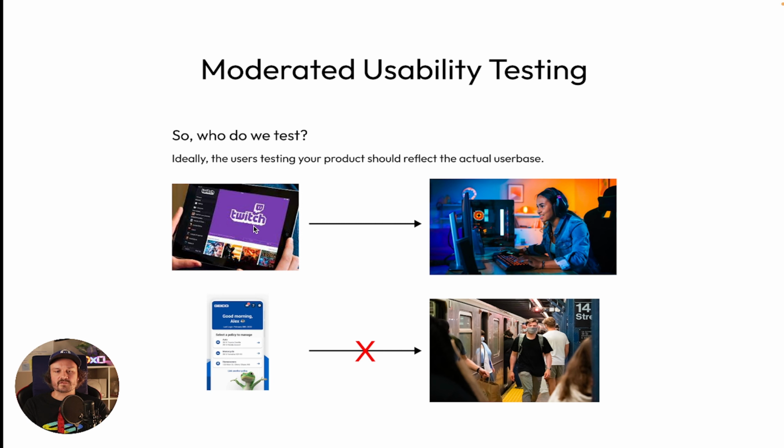And in this case, if you're designing for a video game product, you'll want to find users who could conceivably use your app. So if you're doing research for Twitch, you would want to find users to do research with who are gamers, or who stream a lot, other things. I'm using Twitch, and I don't game on Twitch.